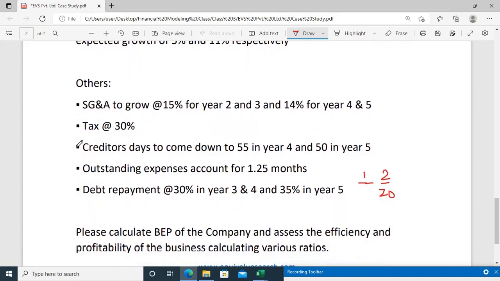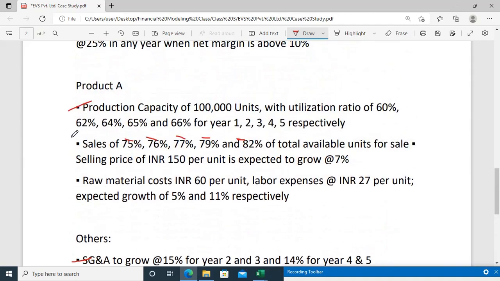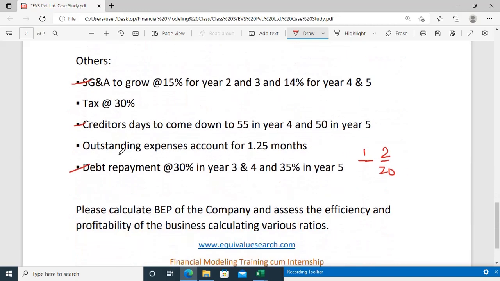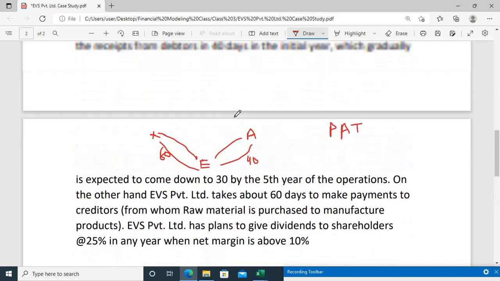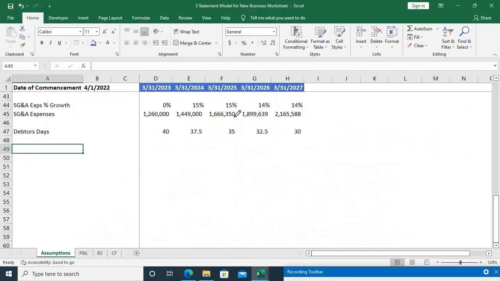Yeah, about the creditors there is something given. Achha, we are done with the debt repayment. Here we are done with the sales part and the selling price, but this growth is not done. So creditor days are to come down to 55 in year 4 and 50 in year 5. It is currently at 60.